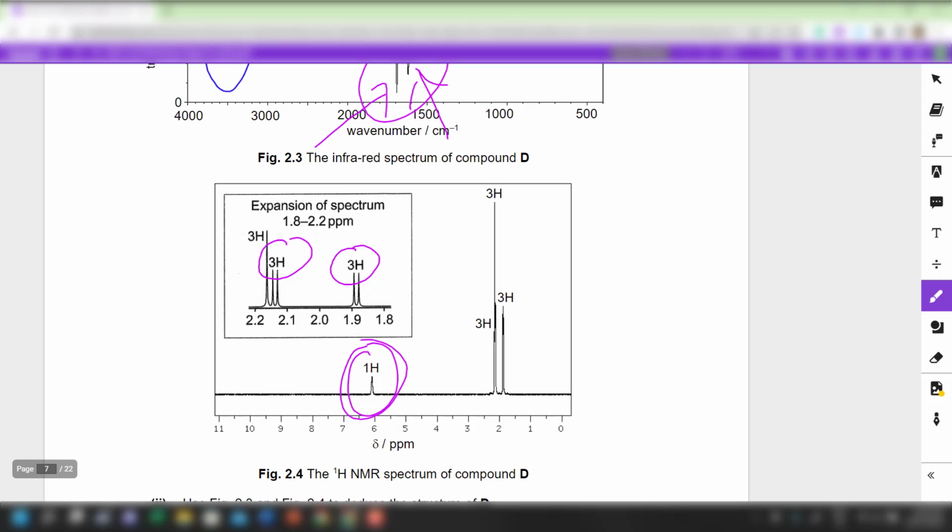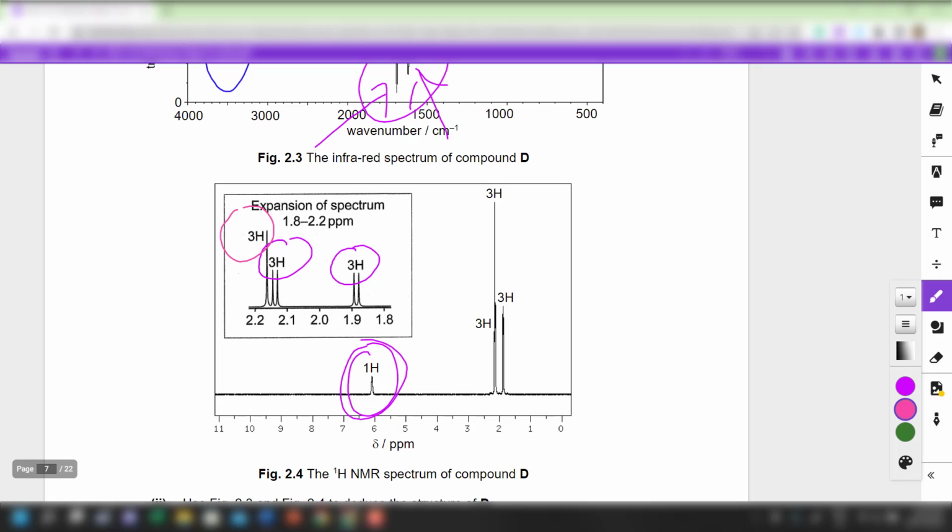The two methyl groups are likely to be non-equivalent, and that's why we have such a signal. Then right now we have a singlet, 3 hydrogens, which is very close to 2.2 and almost merging with the doublet over there.